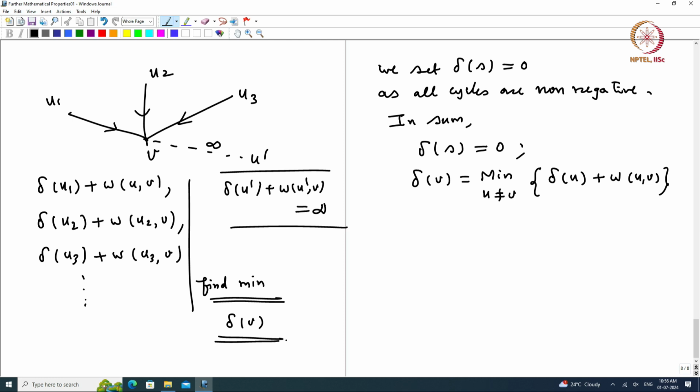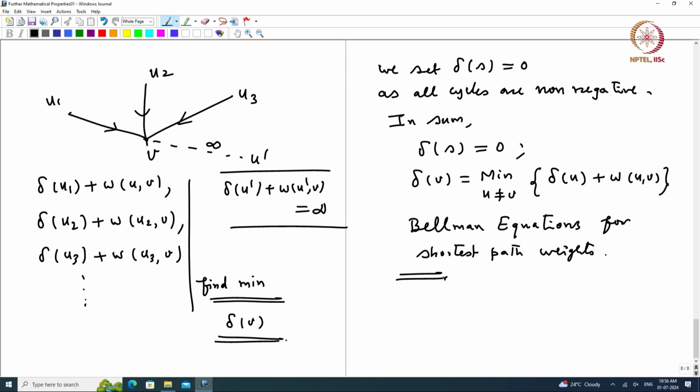These equations are known as Bellman equations for shortest path weights. The shortest path weights satisfy this equation.